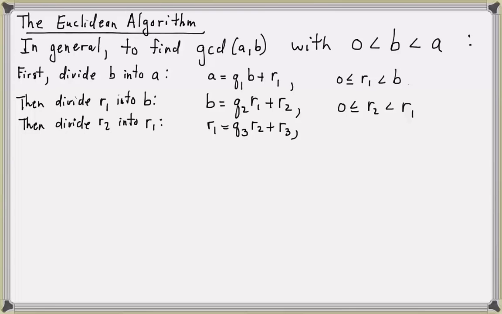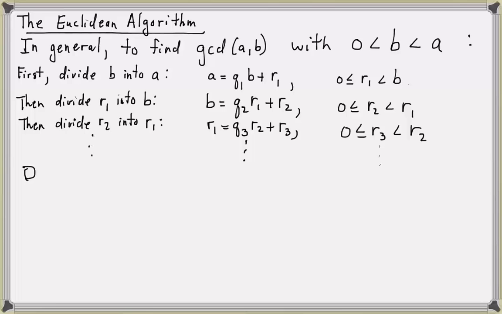And again, R3 must be greater than or equal to 0, but strictly less than R2. So eventually, the remainder will equal 0 because all the remainders are non-negative integers and they are decreasing. So if we continue this a few more times, let's go down to the next to last iteration of the division algorithm.